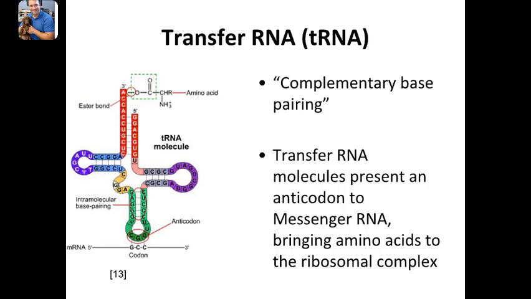tRNA is otherwise known as transfer RNA. This is a general illustration of it. We use the complementary base pairing, triplet code here. tRNA molecules present an anticodon to messenger RNA, bringing the amino acids into the ribosomal complex.